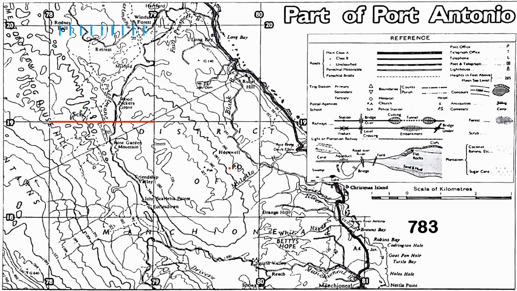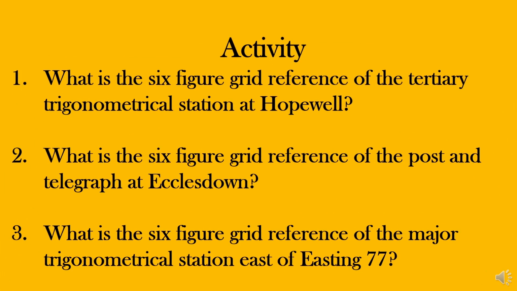Since it is immediately north of northing 19 and it corresponds with marker number 1, the 6th figure is 1. Therefore, the 6-figure grid reference of the school is 783191.